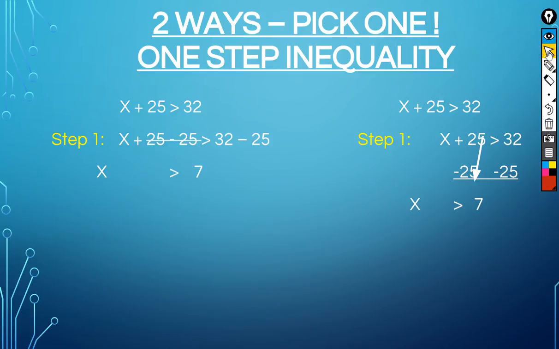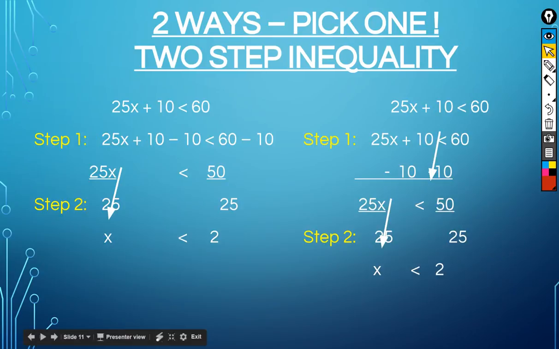So once we tie all this stuff together, I expect we'll do pretty good on our 6 weeks test. And then same thing with two-step equations that have inequalities, or that is an inequality. So I'll go over this one for you. So actually, this is the same problem as last time.